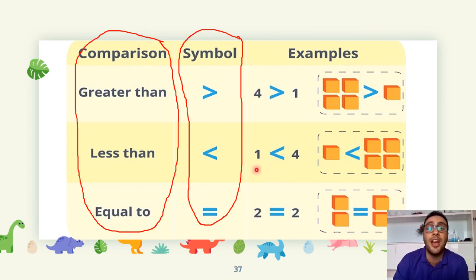So what do we say? 1 is less than 4. Or look at the picture. 1 is less than 4. See, the crocodile is eating the bigger number. Now, what if we have 2 and 2? They're equal. So what do we say? 2 is equal to 2.